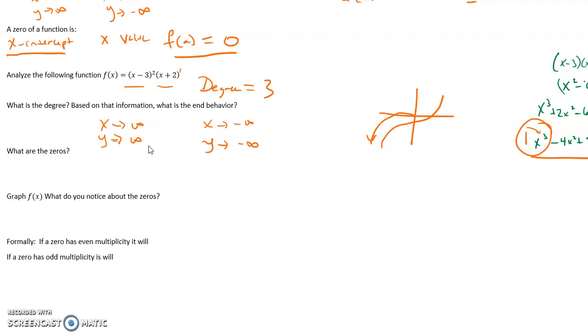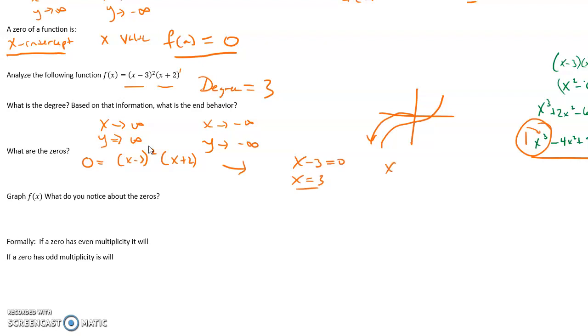Now, what are the zeros of this polynomial? Well, we've done ourselves some favors here by getting it in factored form. We know we can find zeros by setting the function equal to 0. So I would set this equal to 0, and then since it's factored, we can set each of these factors equal to 0. If I do x minus 3 equals 0, I add 3 to both sides, and we get a zero of 3.